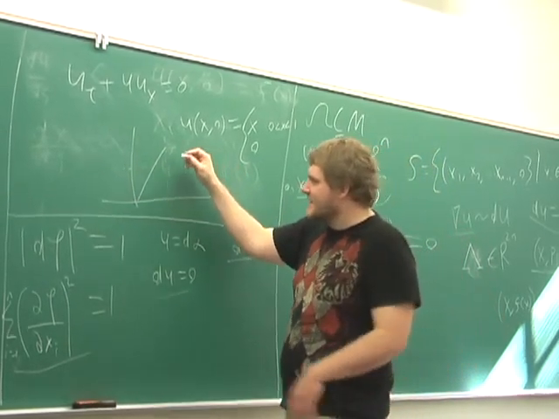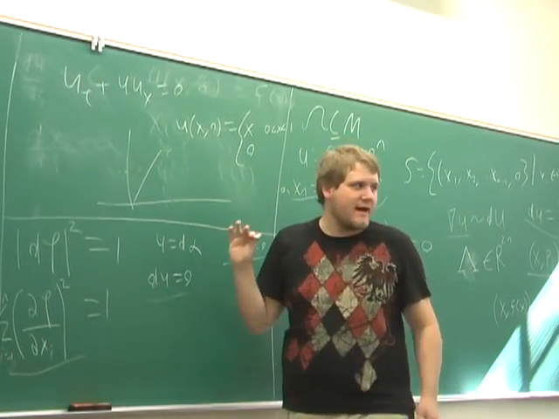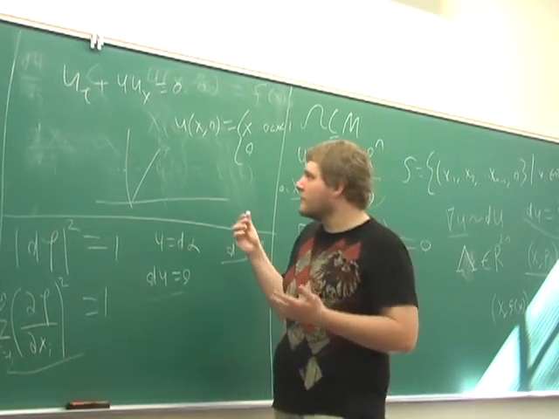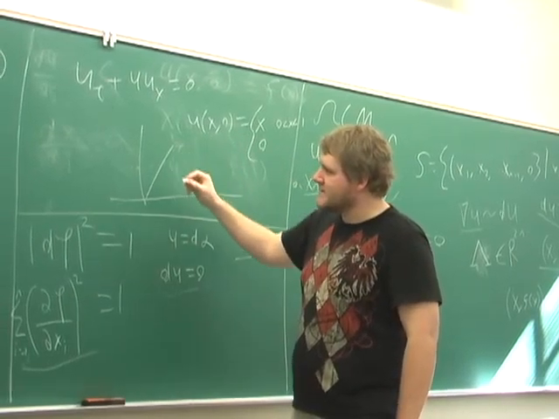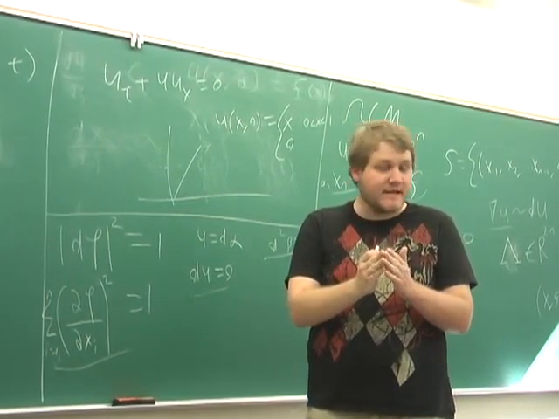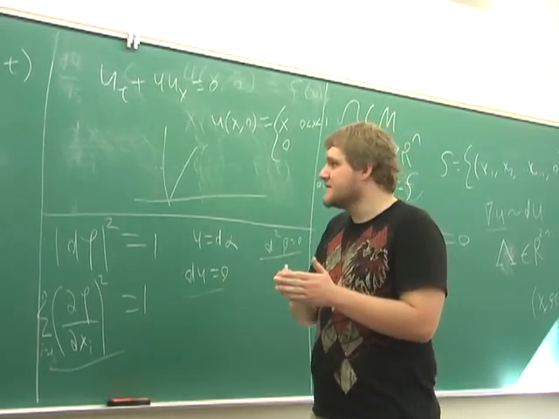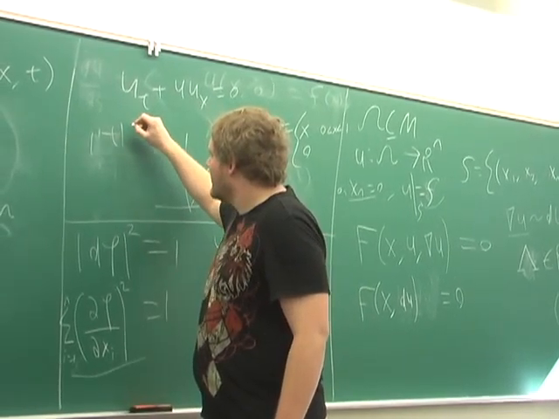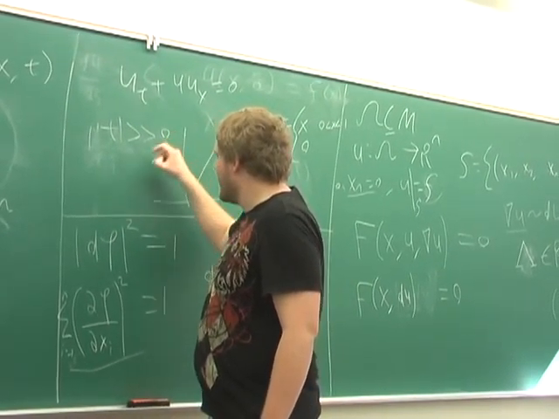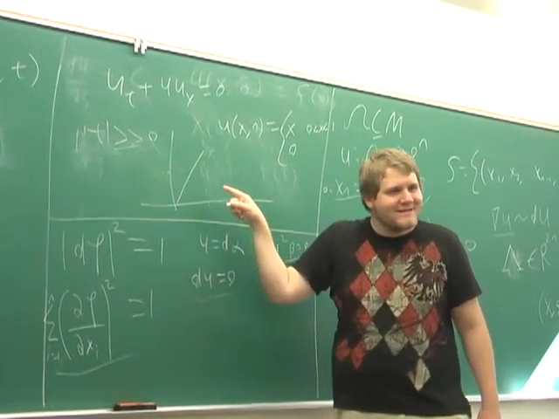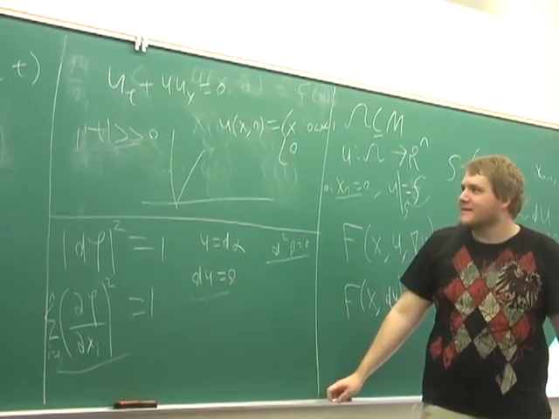So the idea is that the solution breaks down. It doesn't work, we have to fit a shock to it. That comes from the fact that when we do characteristics, we're parameterizing things by these lines, these characteristics, and they intersect. This solution breaks down for t much bigger than 0, and in this case it breaks down immediately.